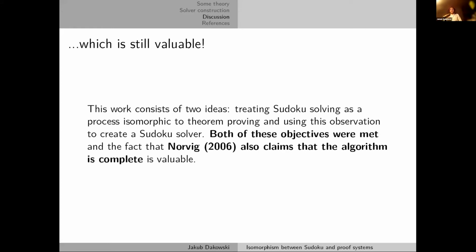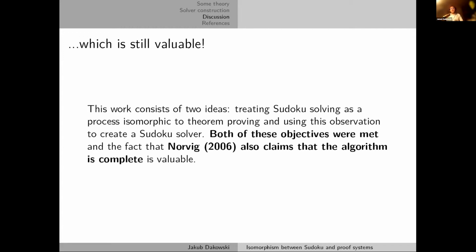However, in my opinion, this work is still valuable because, first of all, my goal was not to create the most useful Sudoku solver. It was to propose a concept of using proof theoretic tools to create a Sudoku solving mechanism, and to show that these two processes are actually analogous to each other.